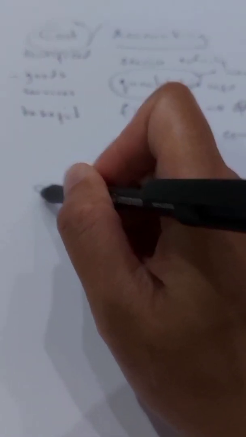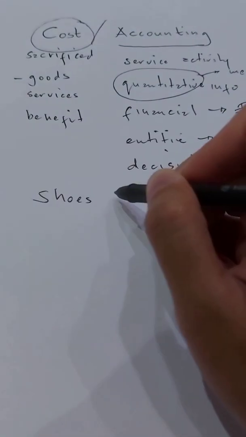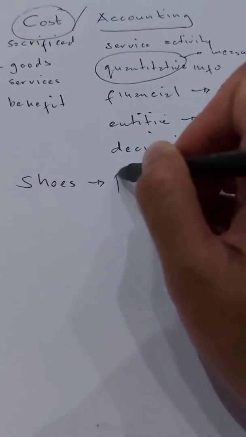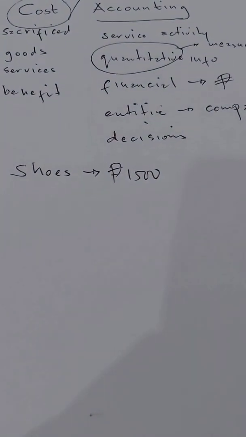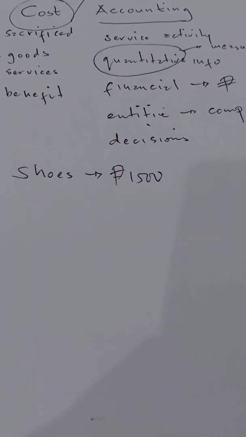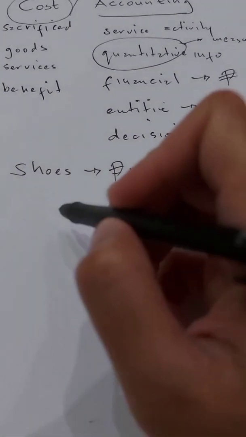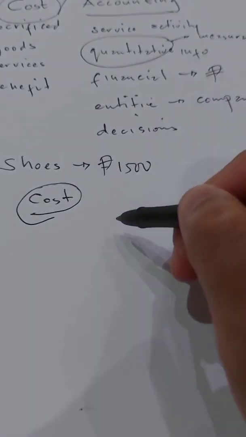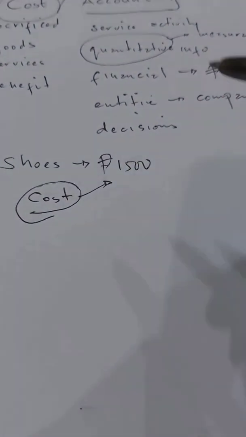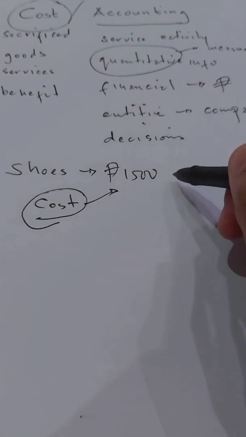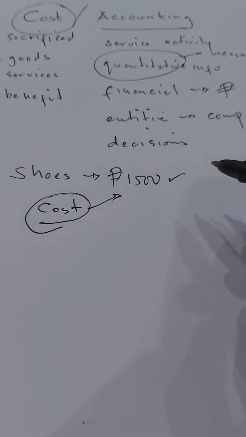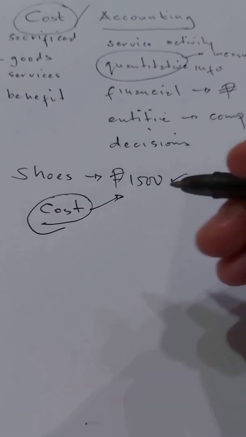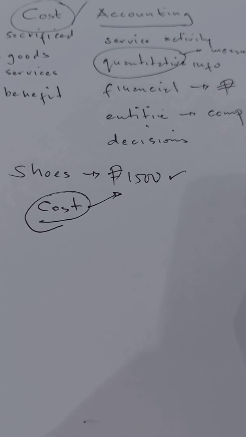Before mag-lockdown, nakabili ka sa Shopee ng 1,500. Ang binayad mo is 1,500. Pag tinanong natin kung magkano yung cost ng sapatos mo, ang sagot ay 1,500. Kasi yung 1,500, yan yung value na sinacrifice mo para magkaroon ka ng bagong sapatos.